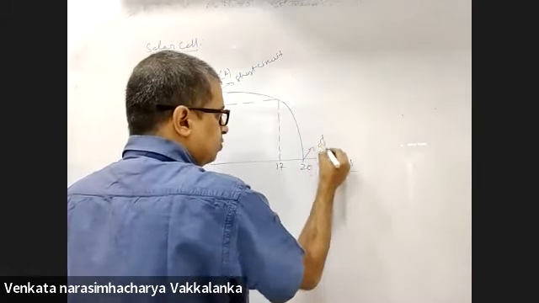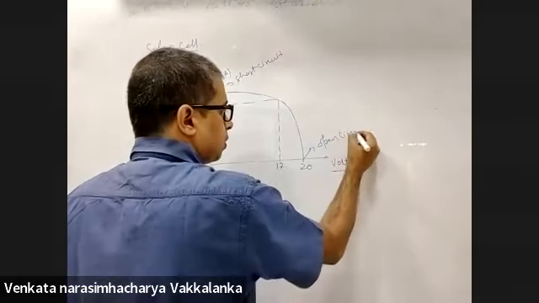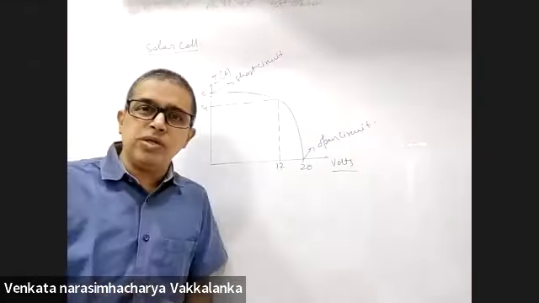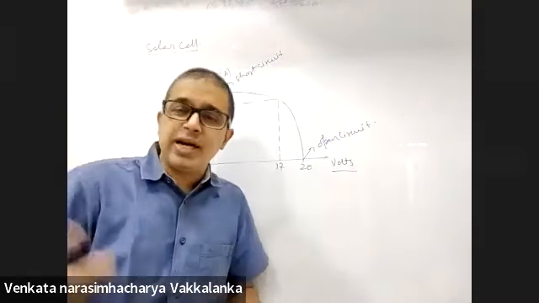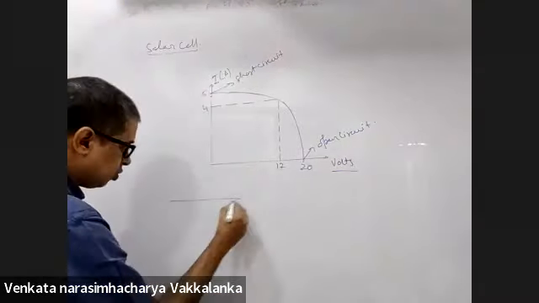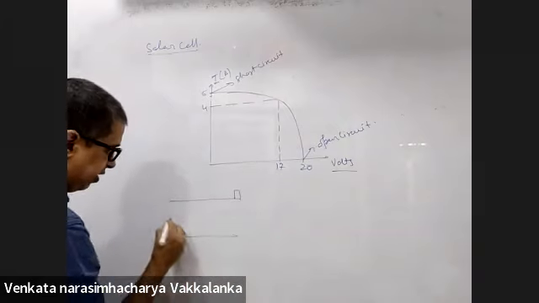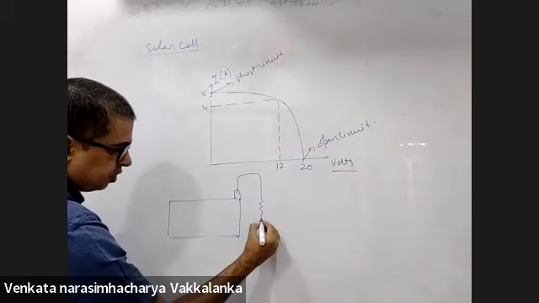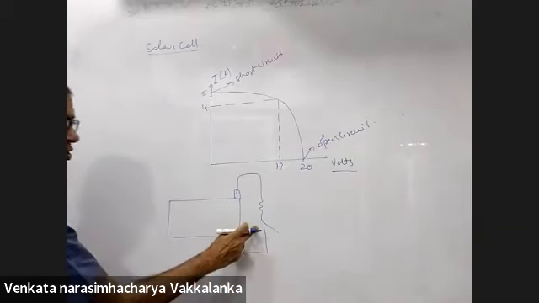This will be open circuit. When there is open circuit, what does it mean? You have the solar cell and you didn't connect the resistance R. You have the negative here, right? You don't connect this. This resistance is not connected. This is open circuit.